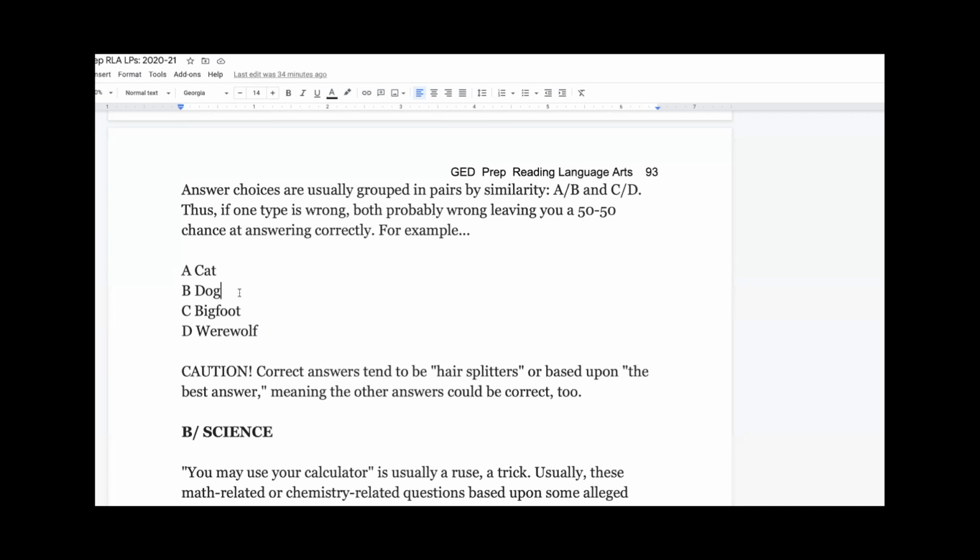So here's the thing: if you know that Bigfoot is a wrong answer, what I learned is that generally that grouping then is wrong. So if you know Bigfoot's wrong, werewolf's going to be wrong too. So it's either A or B. Remember that. I don't know why they do it that way. It's just what I've noticed. I've taken so many tests, I pick up on that stuff.